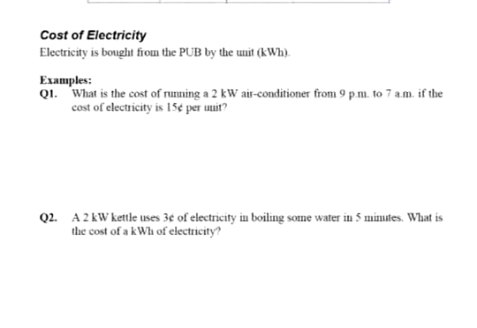Next one, the cost of electricity. Electricity is bought from the PUB by the unit of kilowatt hour. So what is a PUB? I don't know what is a PUB.